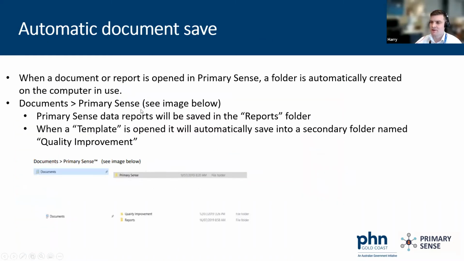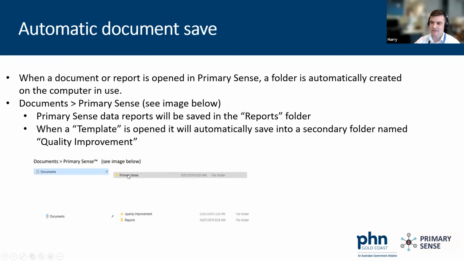It's also important to note any reports, templates or documents that you open in Primary Sense are automatically saved to your desktop also. To view that, you simply click on My Documents under File Explorer on your computer. In the Documents section, there will be a Primary Sense folder that was created by default when your IT provider installed Primary Sense.